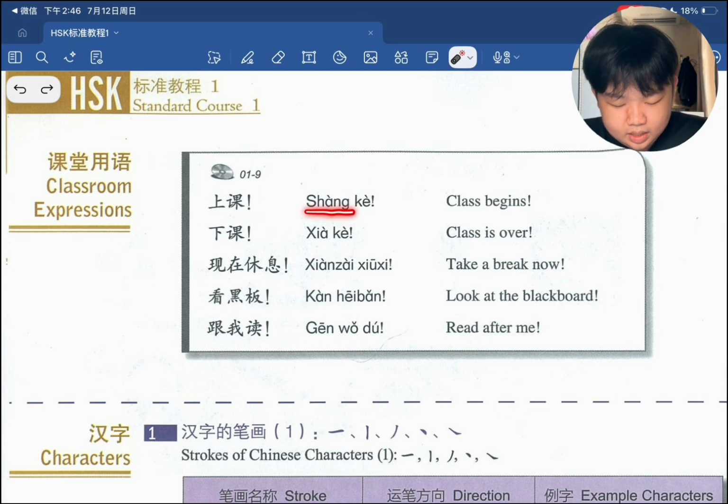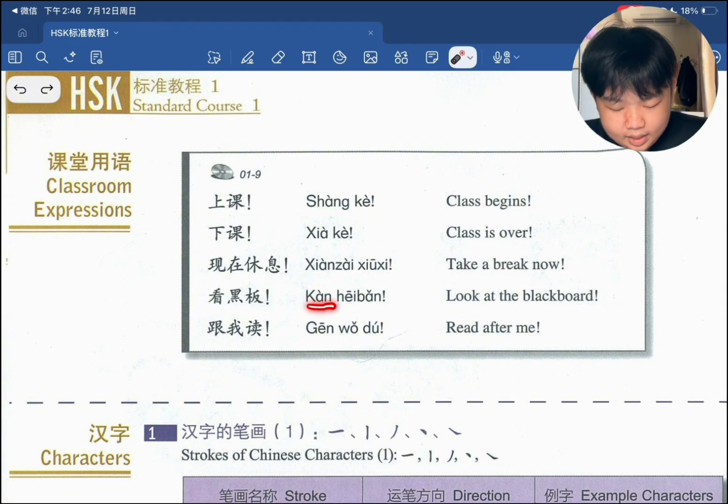And let's see the classroom expressions. Shangke means class begins. Xiake means class is over or class dismissed. Xianzai xiuxi means take a break now.